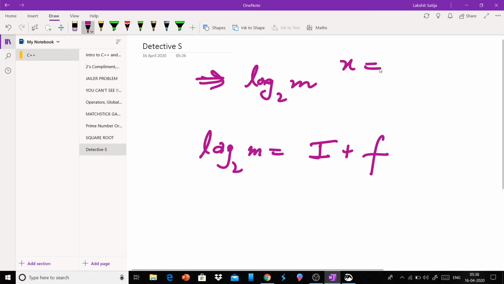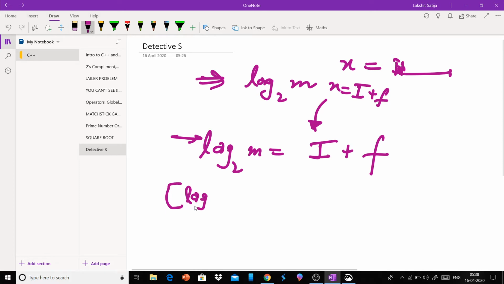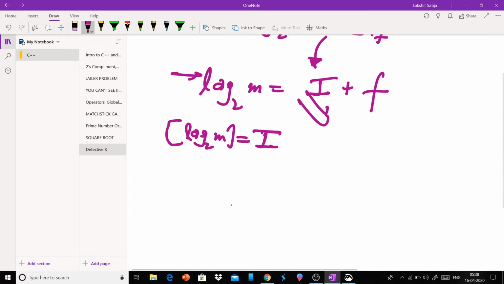We can write any number as integral part plus fractional part. So GIF of log 2 m means calculating the value of I.